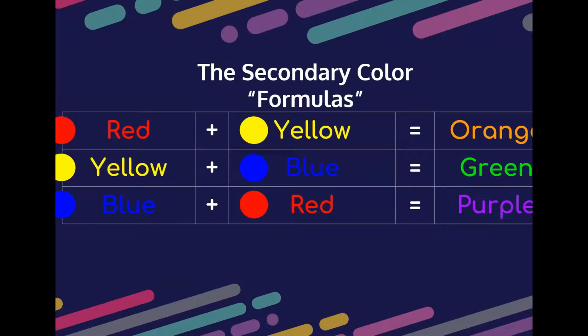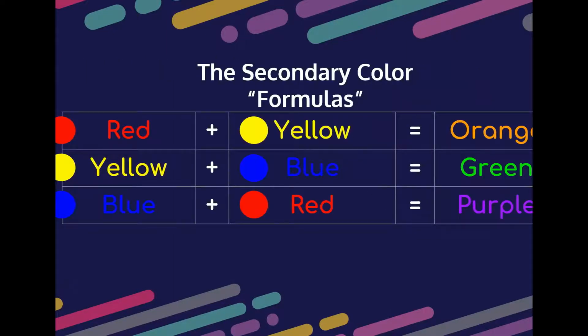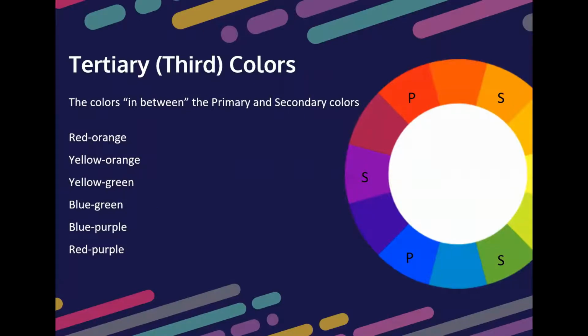So let's talk about the even bigger version of the color wheel, because the little one that I show the kids from kindergarten all the way up to third grade is the 6-color color wheel. But you guys are going to learn about the 12-color color wheel.